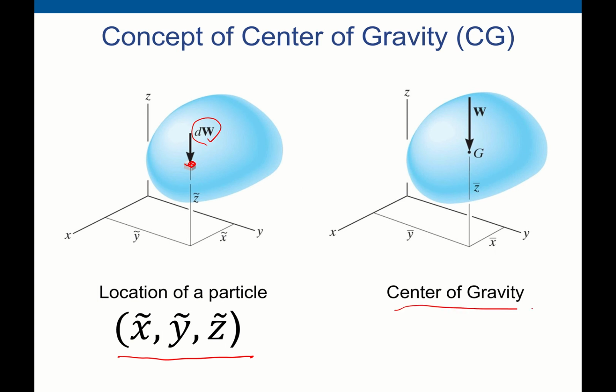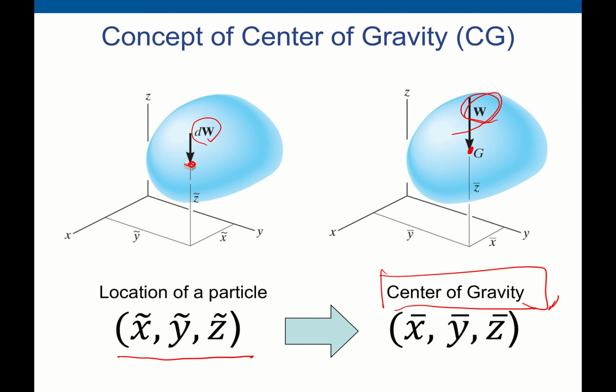How about the center of gravity? The center of gravity represents all the particles' weight with the total weight. The total weight should act on the line of the center of gravity. The center of gravity is here, and we can say it is x bar, y bar, and z bar.